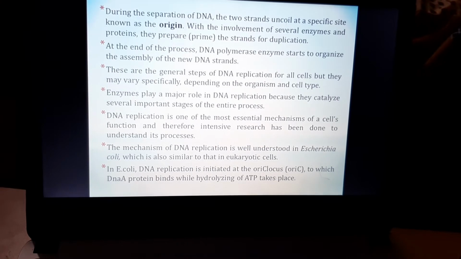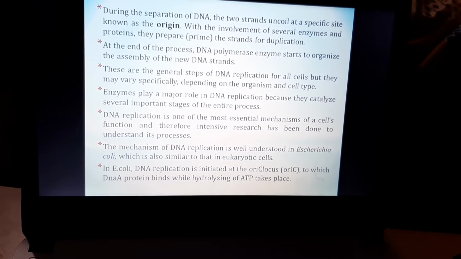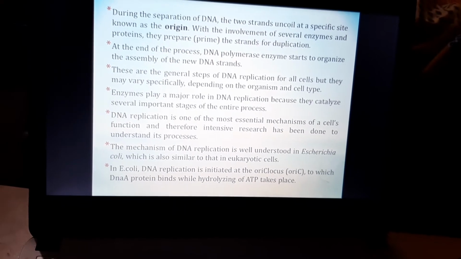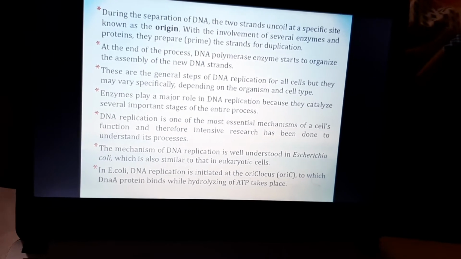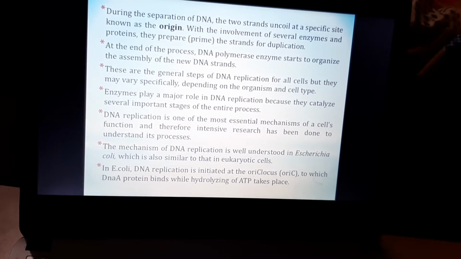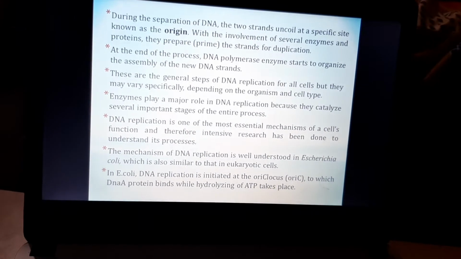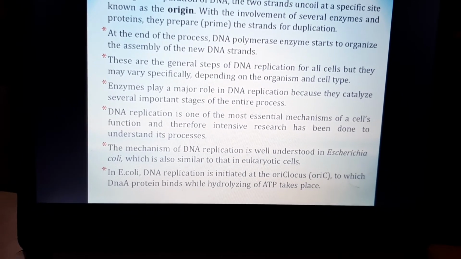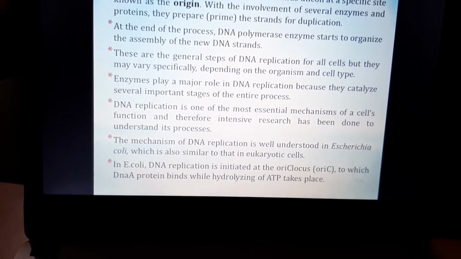These are the general steps of DNA replication for all cells, but they may vary depending on the organism and cell type. Enzymes play a major role in DNA replication because they catalyze several important stages of the entire process. DNA replication is one of the most essential mechanisms of a cell's functions, and therefore intensive research has been done to understand its process.